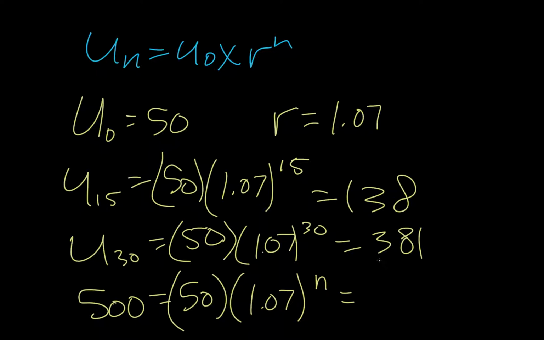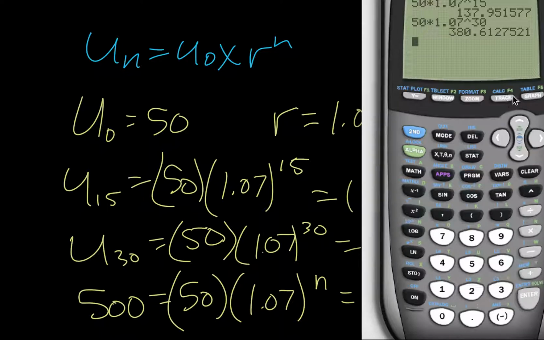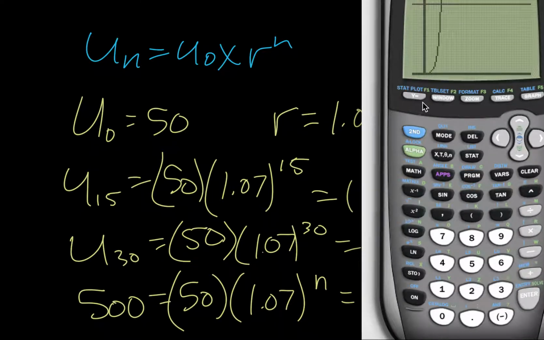Once again, we haven't learned how to do this algebraically yet, and so we are going to graph it to find the answer. So we have 500, we have 50 times 1.07 raised to the x.